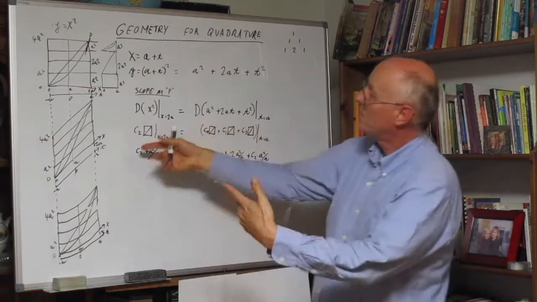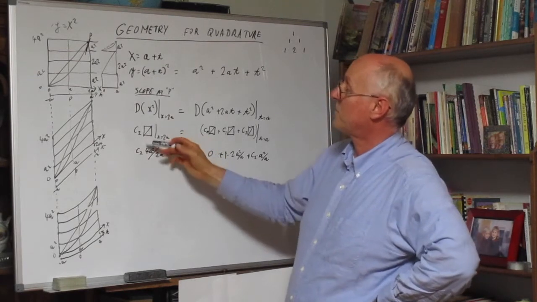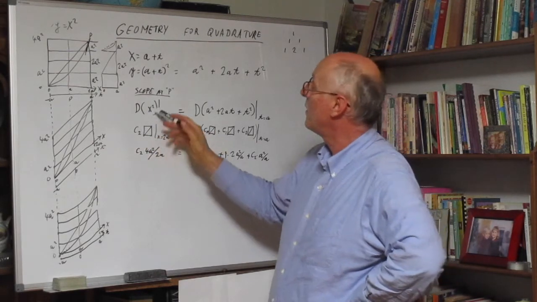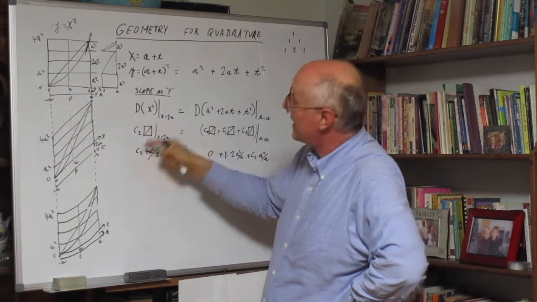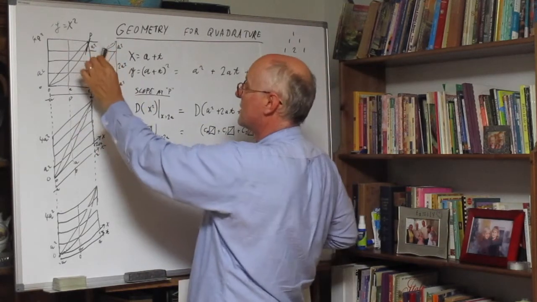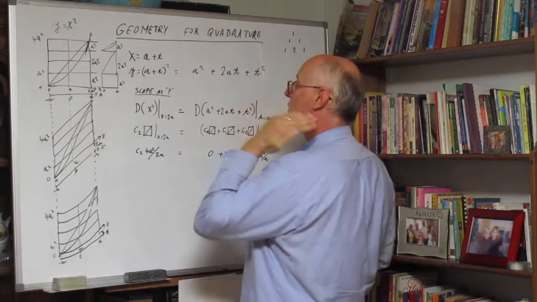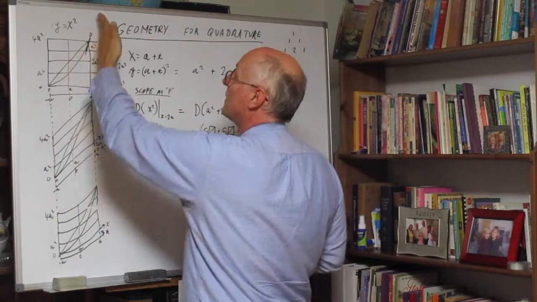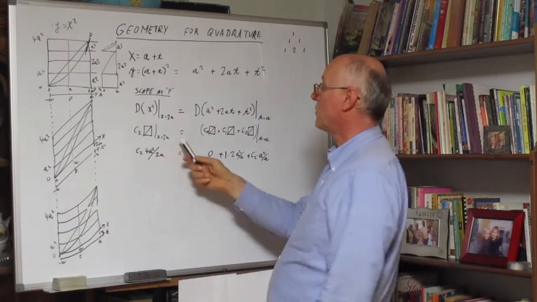Well, what is that? That's our simple box operators that you've seen before. C2, so we have c2 times the diagonal. C2 is this constant invariant that multiplies our diagonal, and that gives us the slope at x equals 2a.